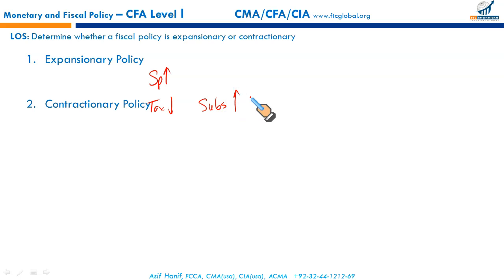This is expansionary. To the contrary, contractionary fiscal policy is intended to decrease the level of government debt and slow inflation growth. This would result in more revenues than spending. So effectively you will have a budget surplus and more taxes, less subsidies. This is contractionary fiscal policy.